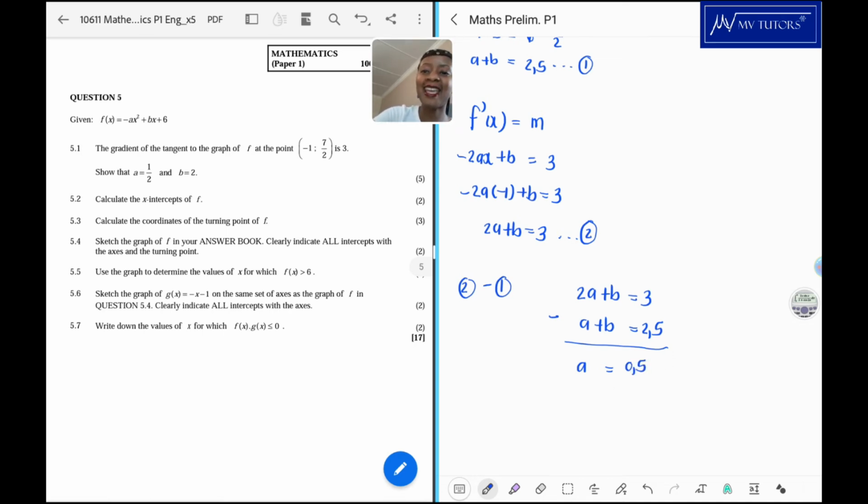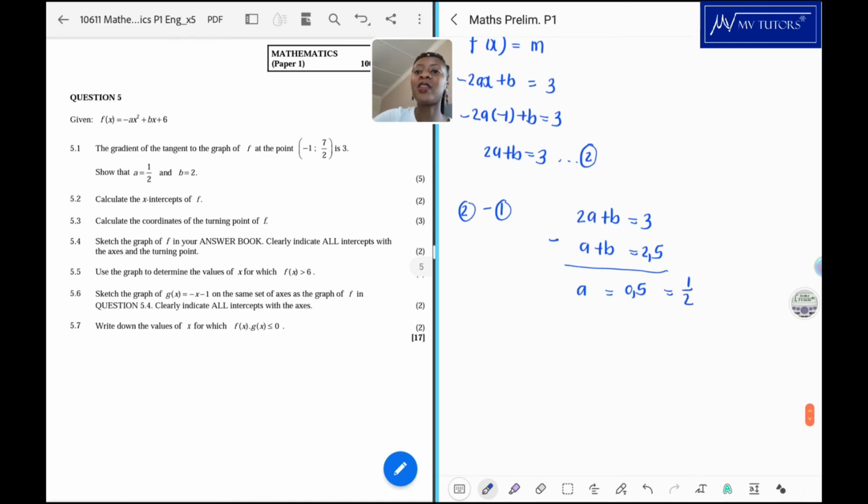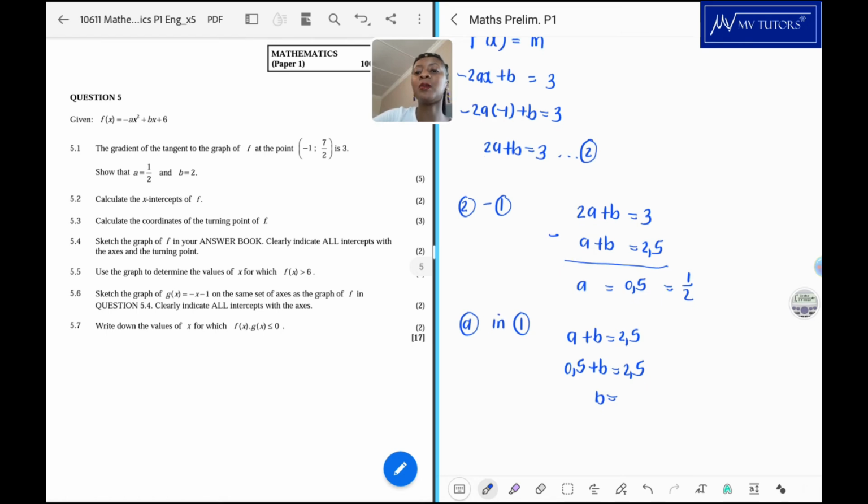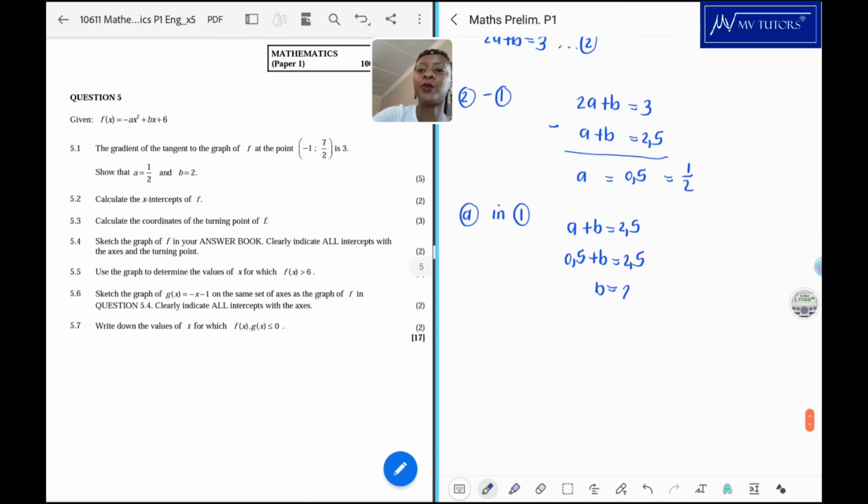So a indeed is a half, like they said we should prove. Then I substitute a in equation 1. Equation 1 was a plus b is 2.5. A is 0.5, plus b is 2.5, so b is 2.5 minus 0.5, which is 2. And we have shown it.